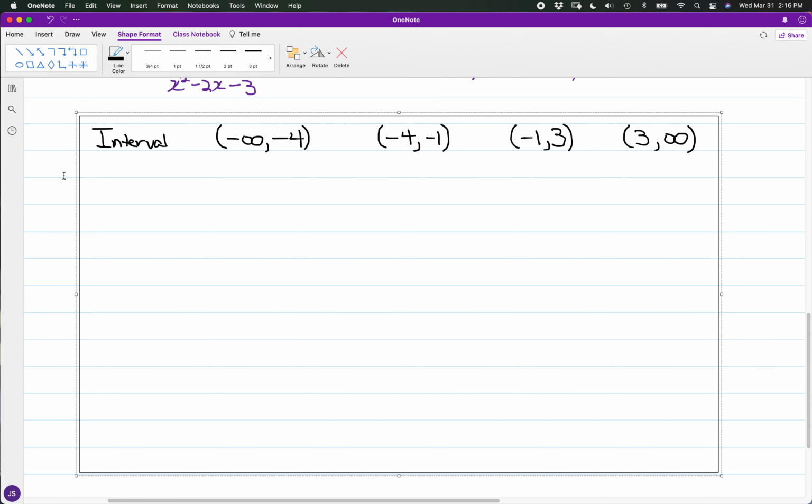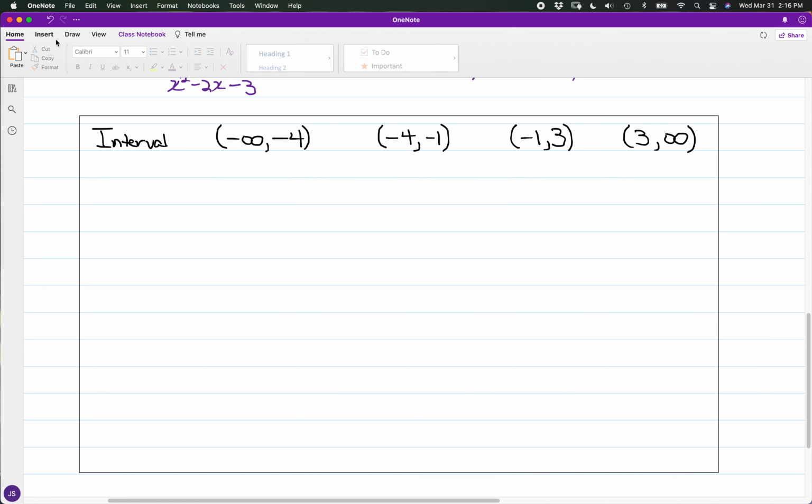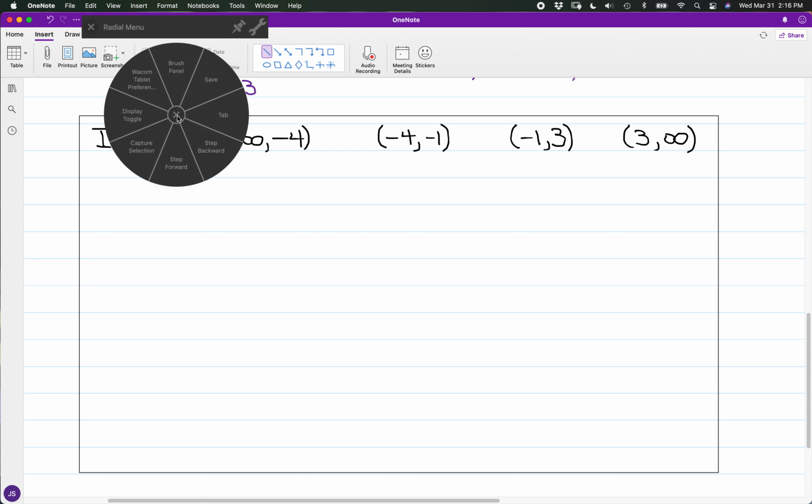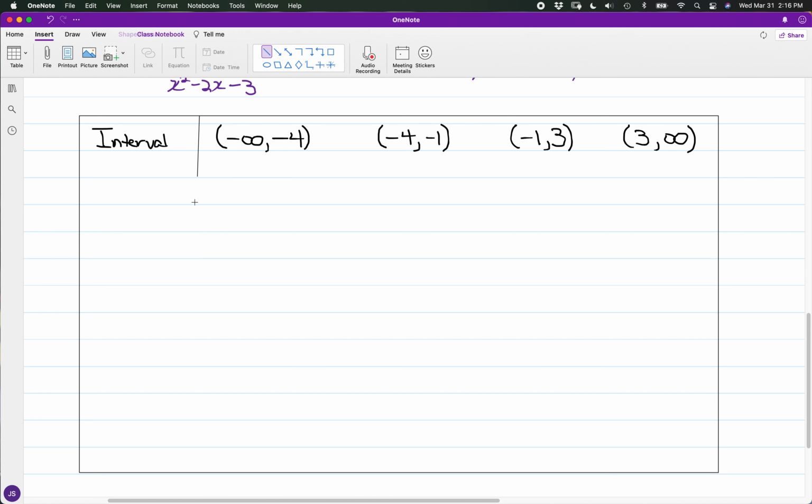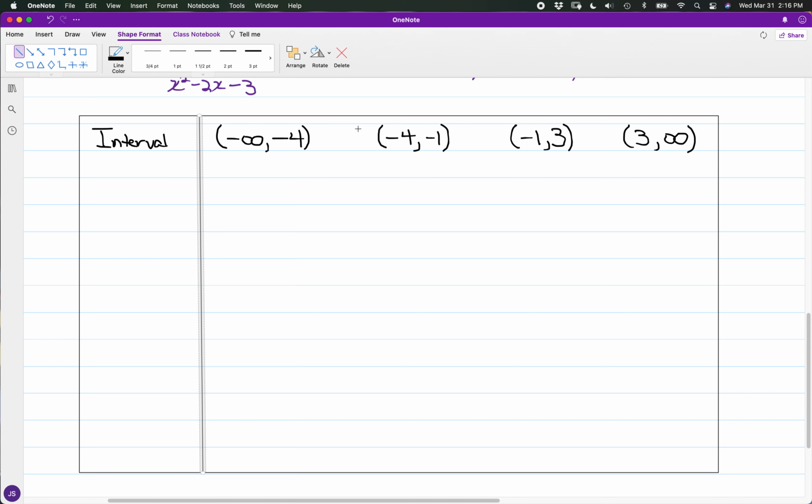And so setting up our table, I'm just going to create partitions separating the interval sections.